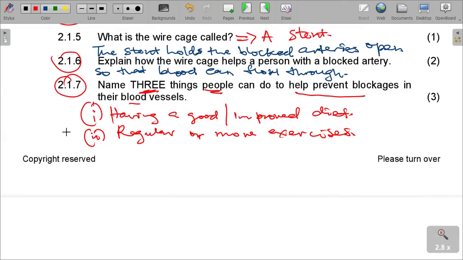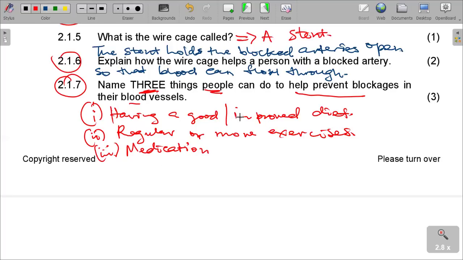Number 3, what else can we say? There is also the scientific method, which is medication. You get treatment, which is medication. Medication can help in that regard. Improve the diet, or regular or more exercises, or also medication.